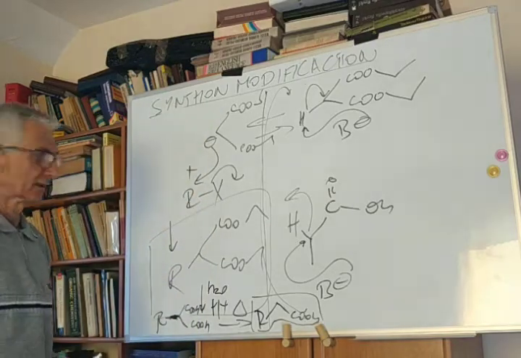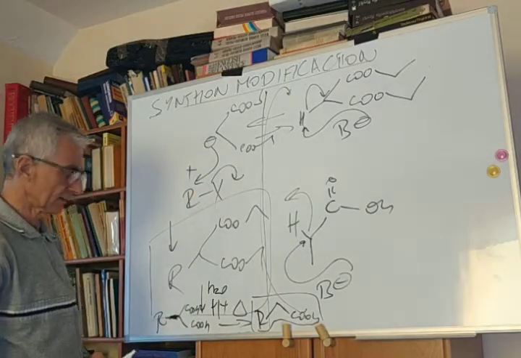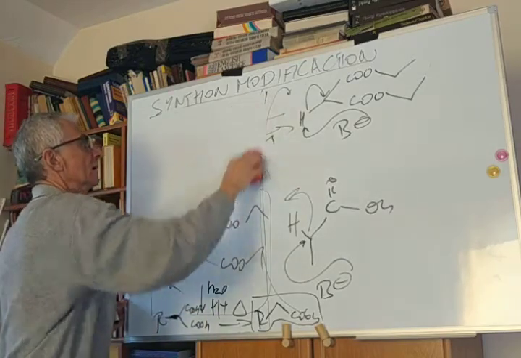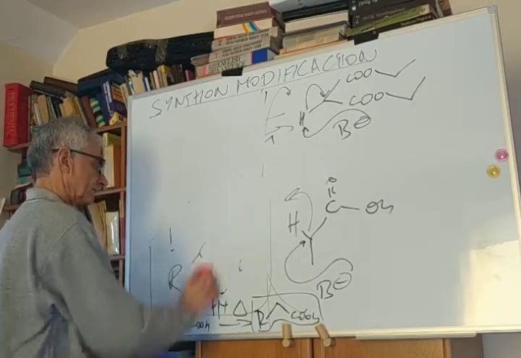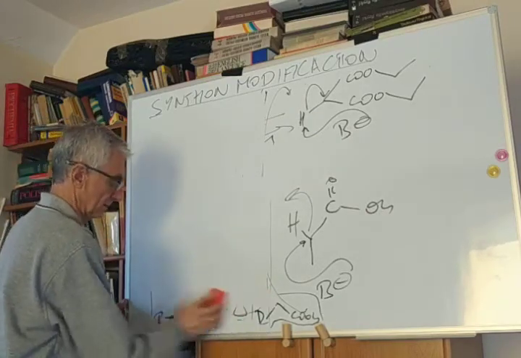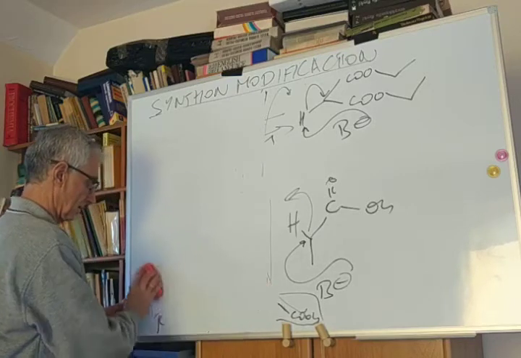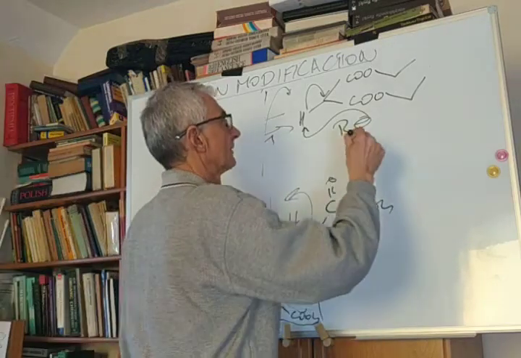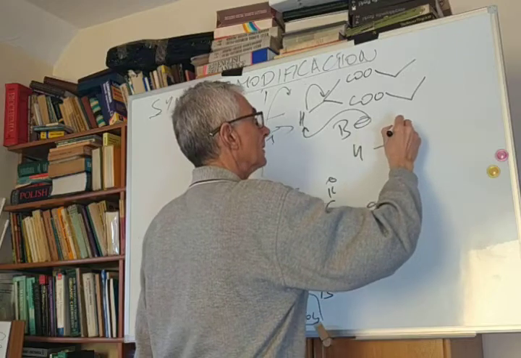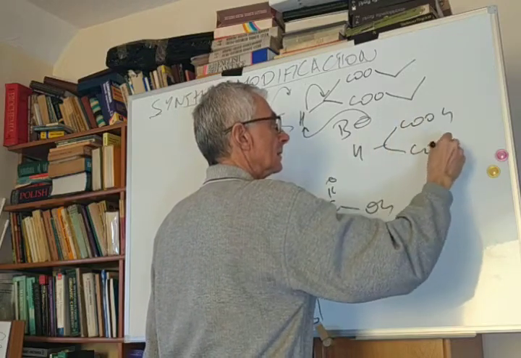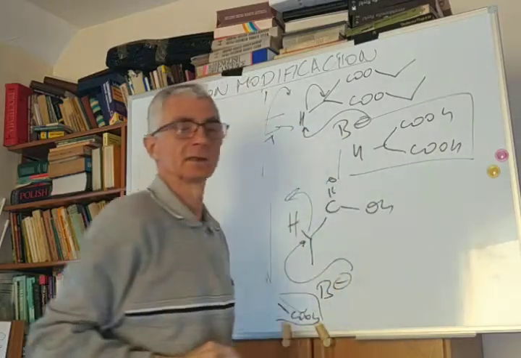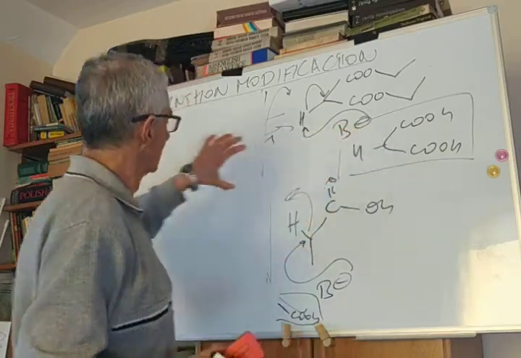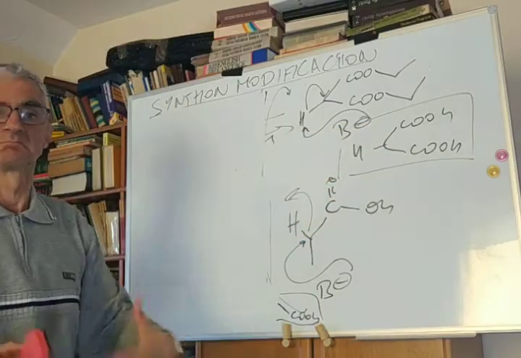So we all know that kind of chemistry, and actually an option here is that instead of ethyl malonate, we can use the malonic acid, which could be similarly alkylated by relatively novel chemistry.